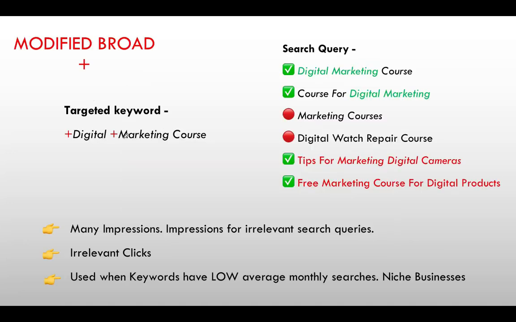So suppose our keyword is digital marketing course and we have made digital and marketing mandatory. That means you're telling Google, trigger my ad only if the user's search query contains digital as a word as well as marketing. It should contain both the words. Both the words are compulsory, right? That's why. So if the user searches for digital marketing course, your ad will get triggered because his search query contains digital as well as marketing, which is compulsory over here.